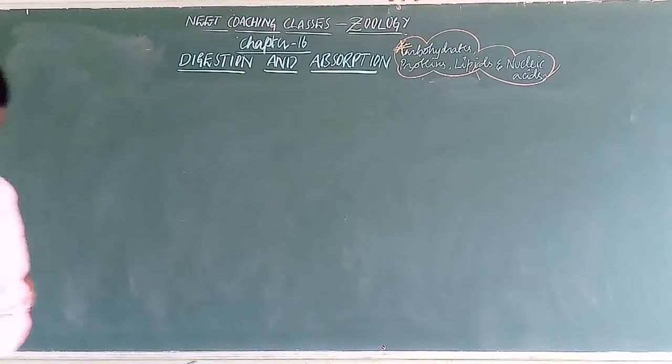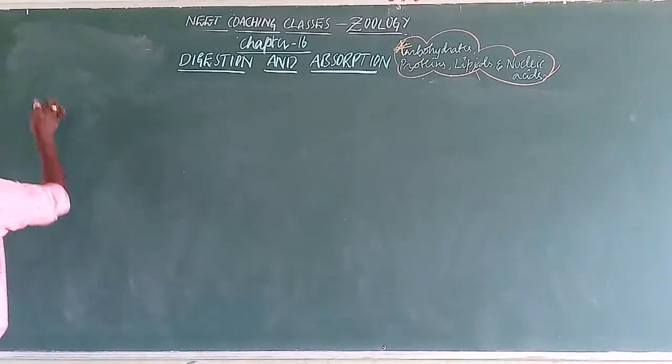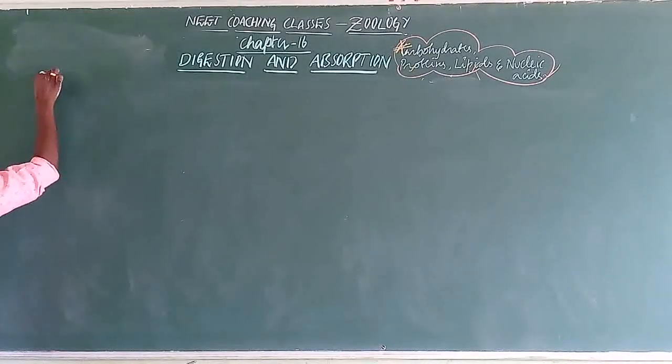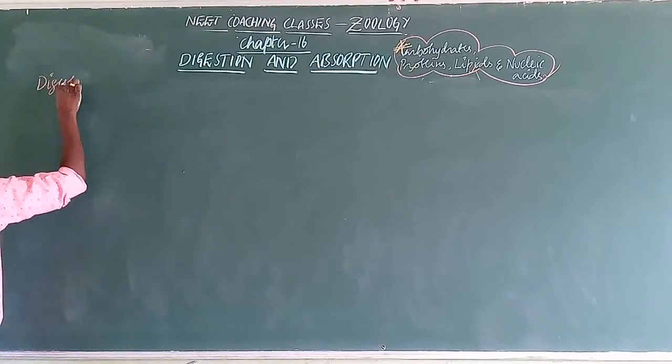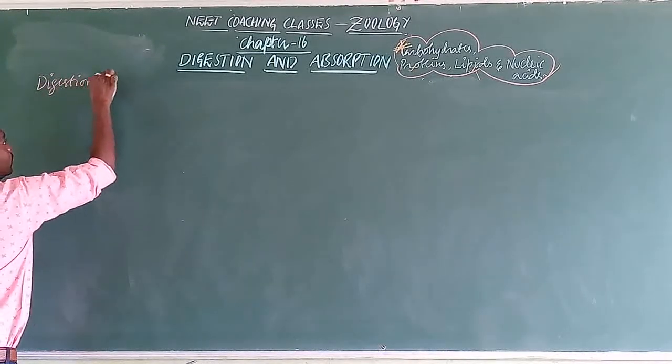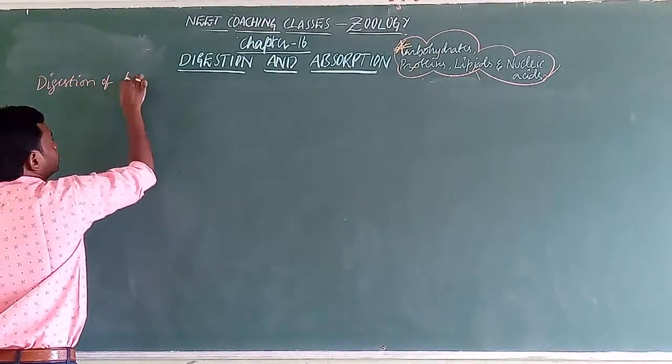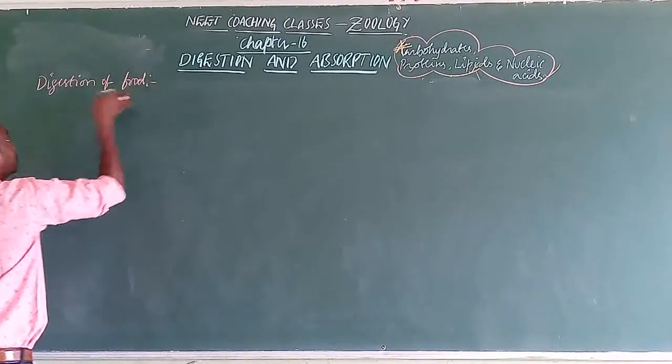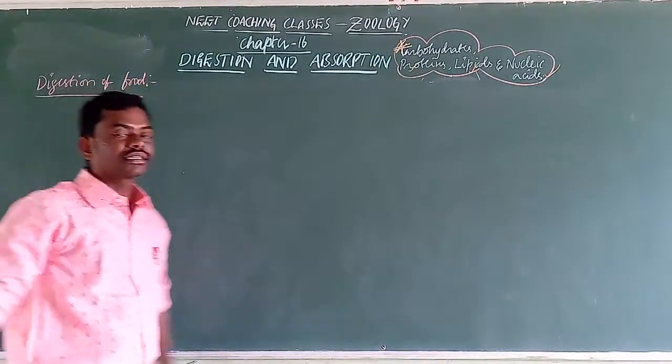Here, the food is going to be digested at three different places. What are the different types of food components?